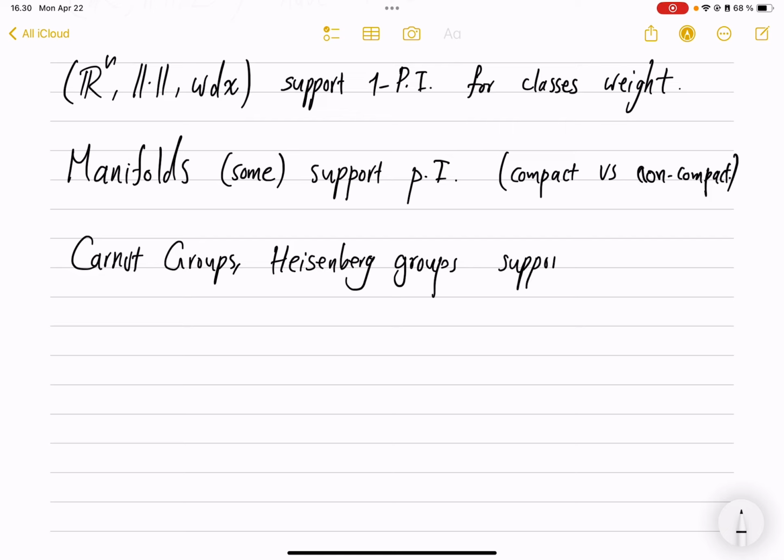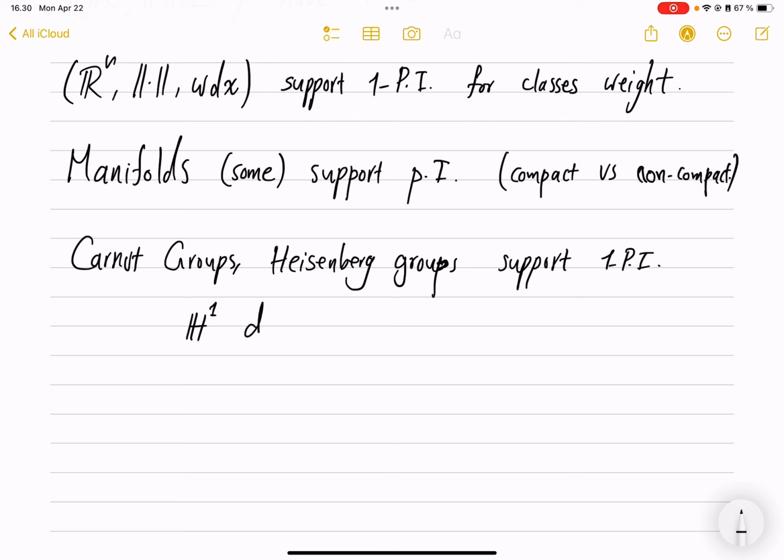They support one Poincare inequalities. For example, H1, the interesting thing here is that we take its intrinsic Carnot distance and its Haar measure, which is just H4, and that coincides with Lebesgue 3 measure. It is not a manifold.